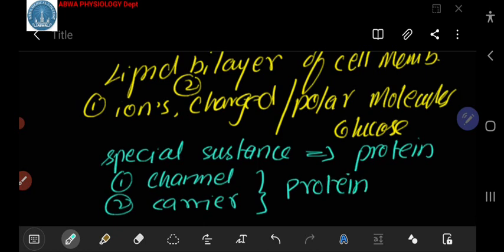These can help the charged polar molecules or lipid insoluble substances to pass through.